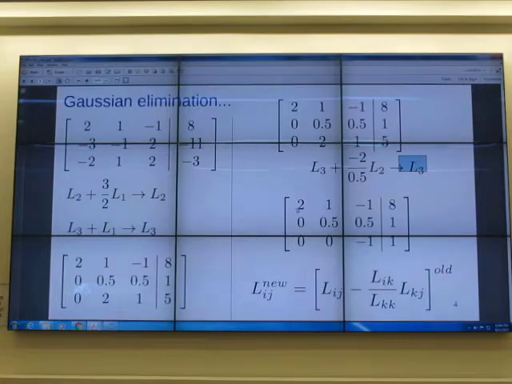So at the end, we get that. Notice that the first line doesn't change, it stays the same.